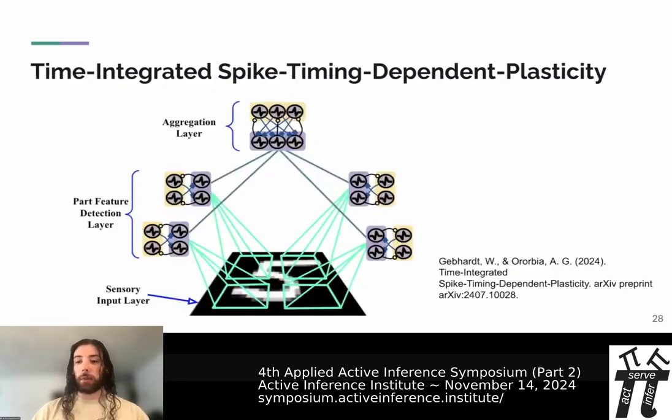We have one of my papers, actually, with my advisor, Dr. Ororbia, called Time-Integrated Spike-Timing-Dependent Plasticity, in which we built a patching model that basically is this whole structure, where we have a sensory input layer, an image, and it breaks up into a bunch of different subcomponents, or submodels, that all learn small patches of our image. And then we have one final part that aggregates them all together.